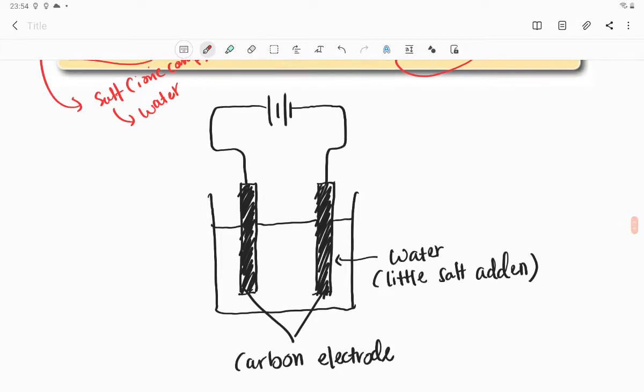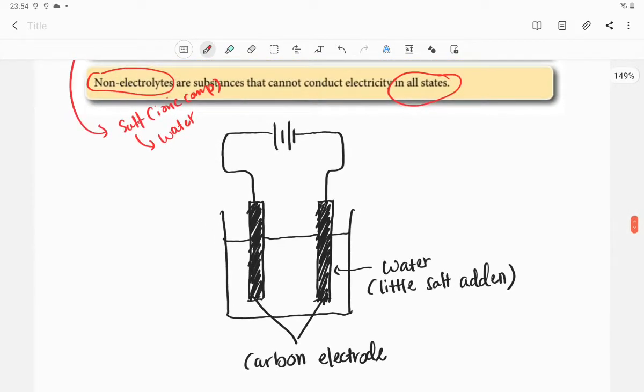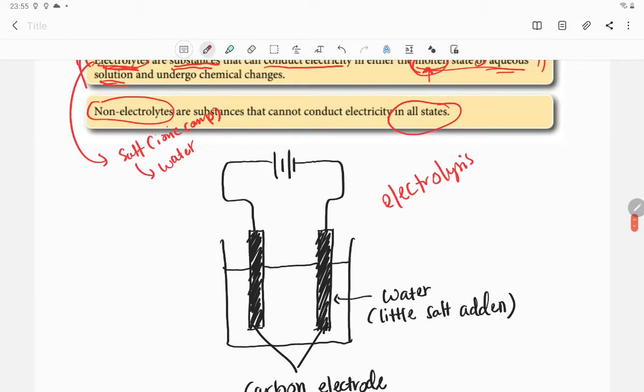Okay, so this is the idea of electrolysis. Just the idea of electrolysis. The word electro means electrical energy. Lysis is breakdown, electro breakdown.